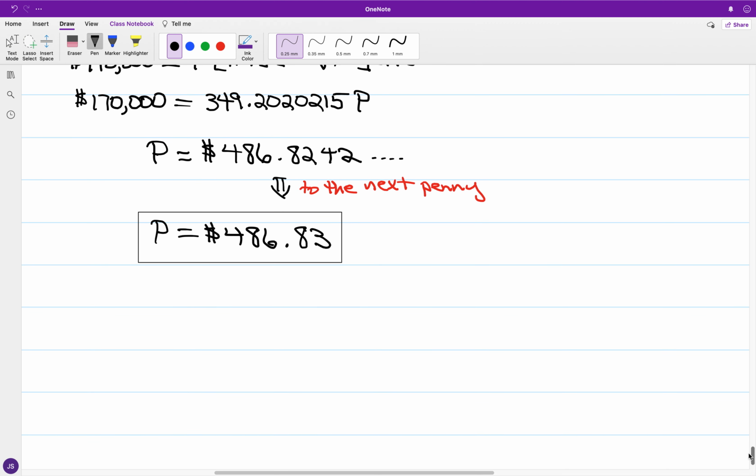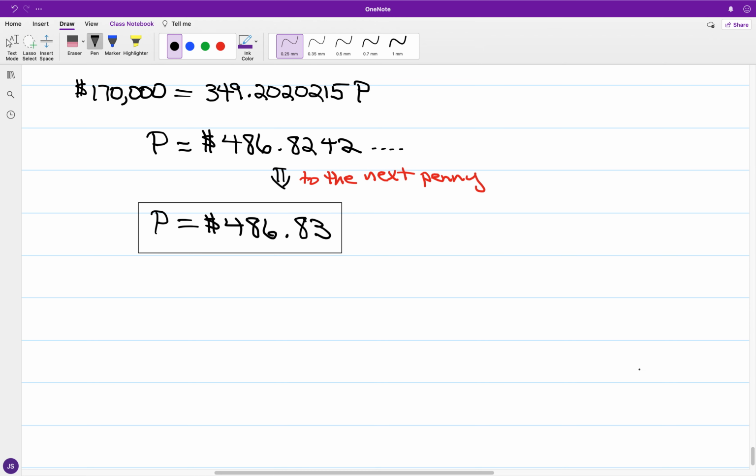All right, now going back to exponents and logarithms.